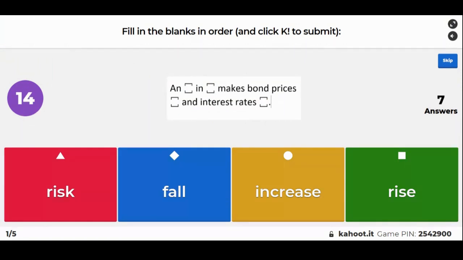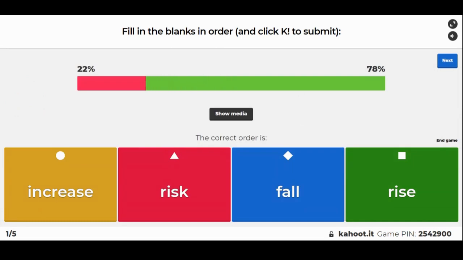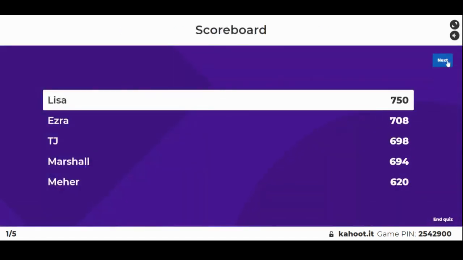This one takes a little longer than a usual question, just testing it out to see if it works. One more person to answer. Okay, good job. And on top is Lisa.